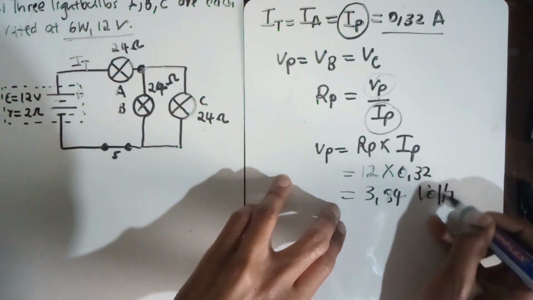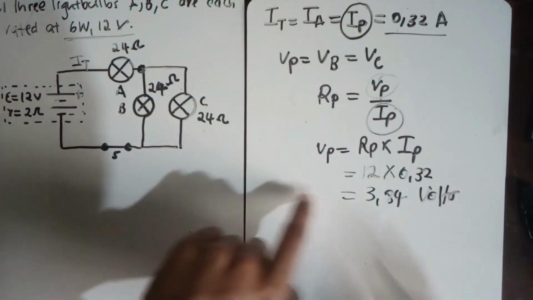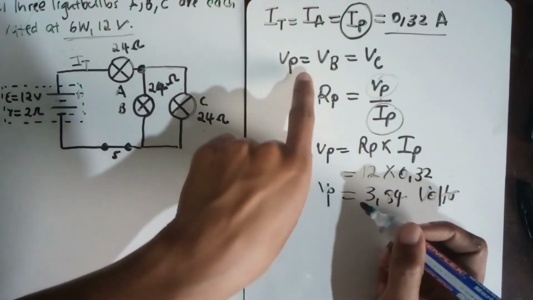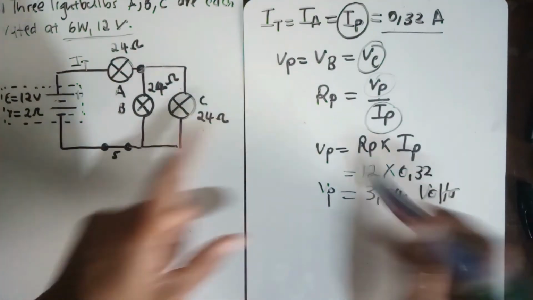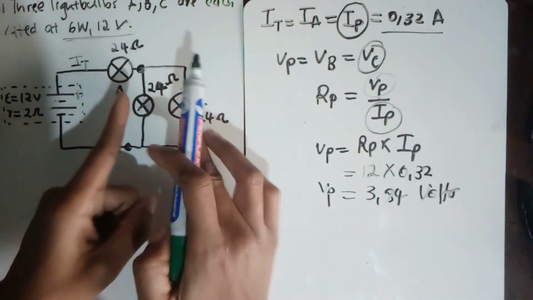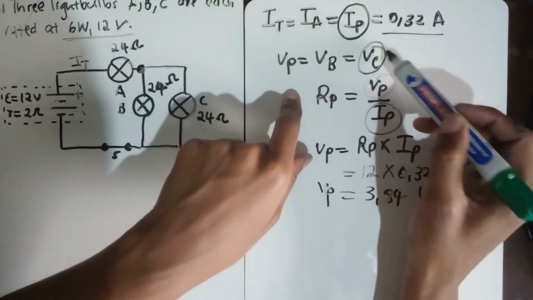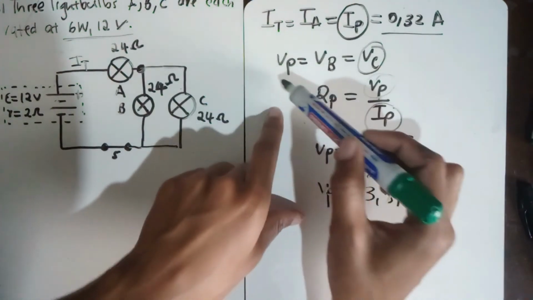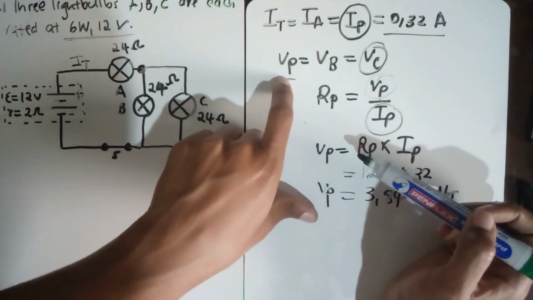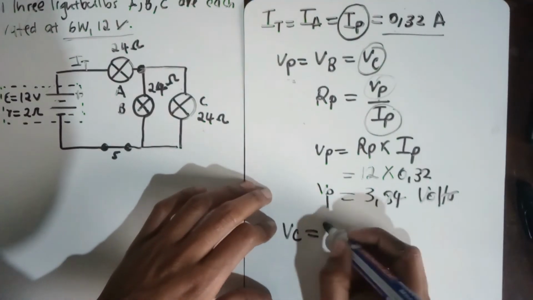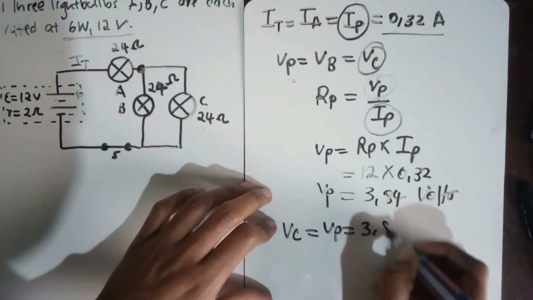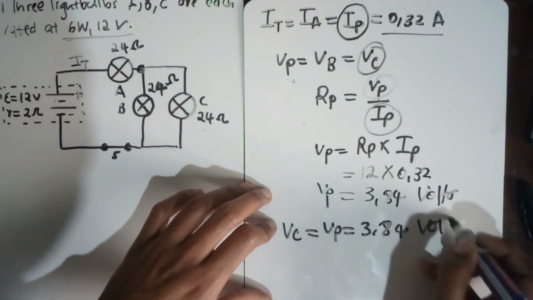But we were not told to calculate VP, we were told to calculate VC. Because these are connected in parallel, the potential difference through them will be the same as the total potential difference for that parallel connection. Meaning VC equals VP, which equals 3.84 volts.